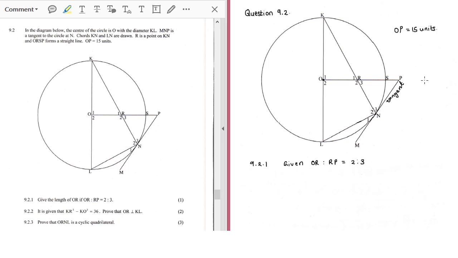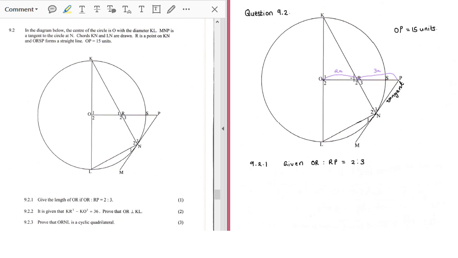What are they talking about? They're talking about this distance OR to RP, that is in the ratio 2:3. What do they want us to find? They want us to give the length of OR, which means that we can now set up an equation over here.